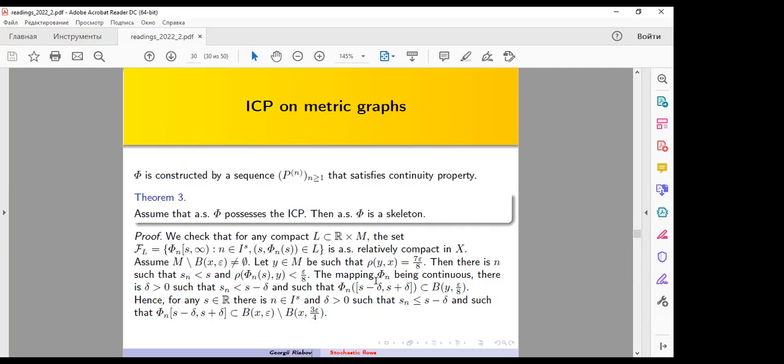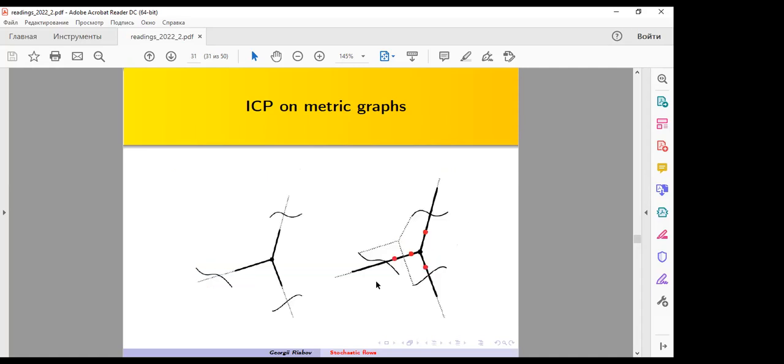For this, we need to check the relative compactness assumption. Actually, what I'm doing is the following. We look at some simple neighborhood like this. By the denseness property, we can find trajectories in the skeleton that moved above the segments from the simple neighborhood.